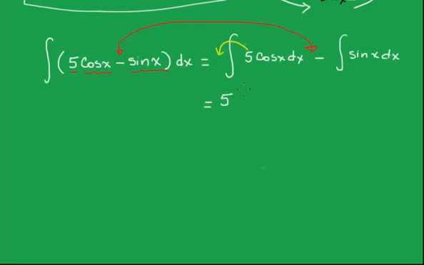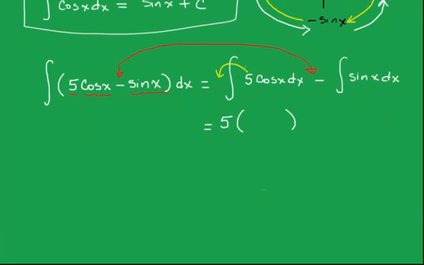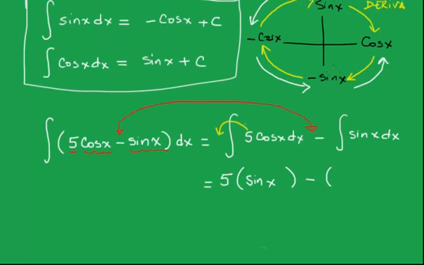What's an antiderivative of cosine of x? We just saw it: sine of x. So 5 times sine x minus, what's an antiderivative of sine x? We saw that it is negative cosine x. So minus negative cosine of x.